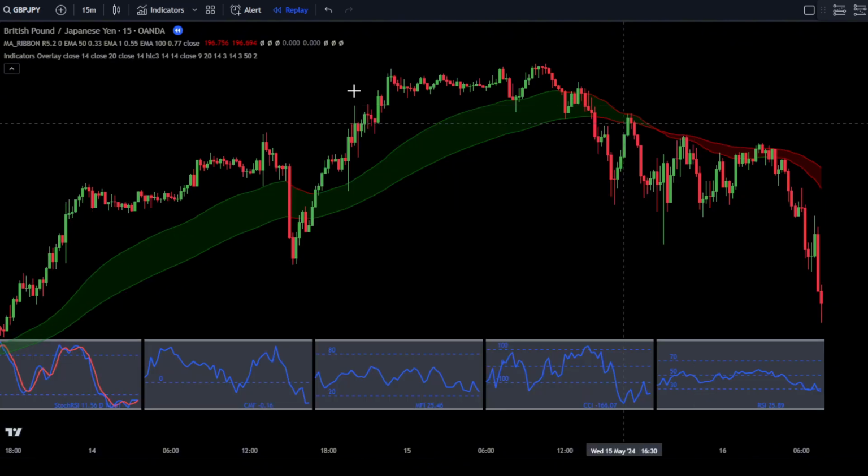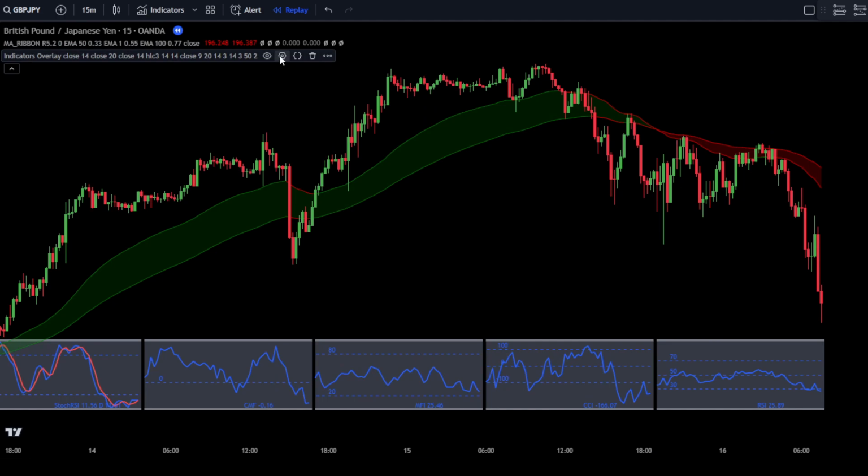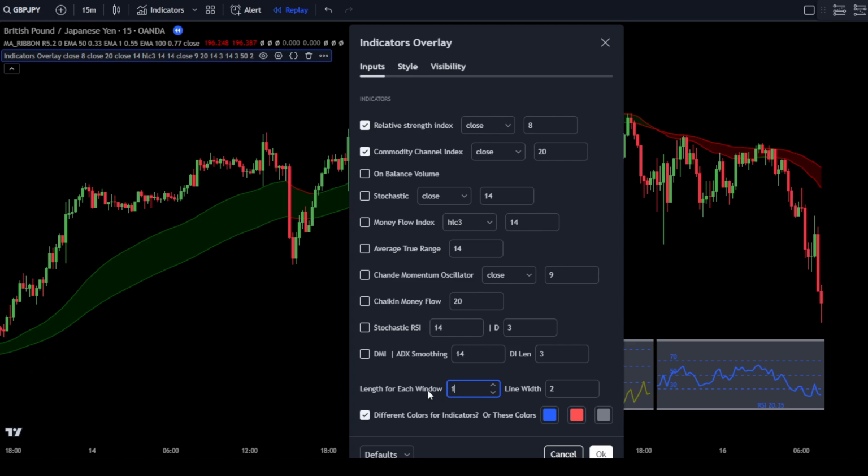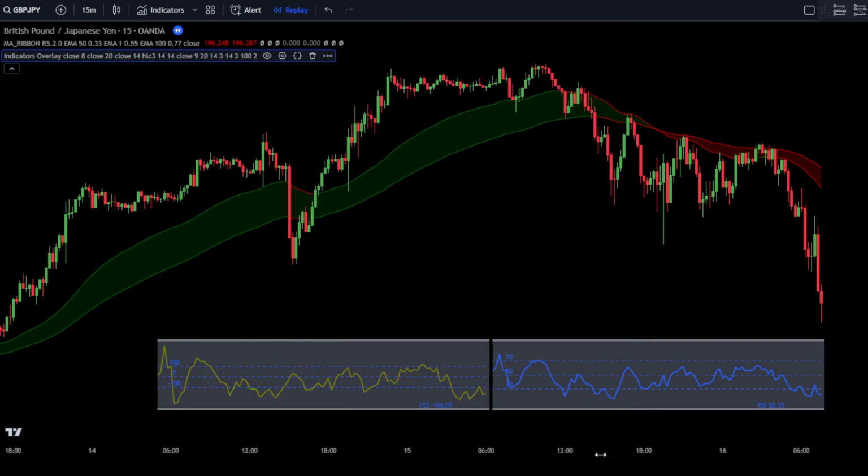After that, configure the Indicators Overlay. Go to the Input tab and follow the settings that I've done. Once finished, just click OK to save the changes.